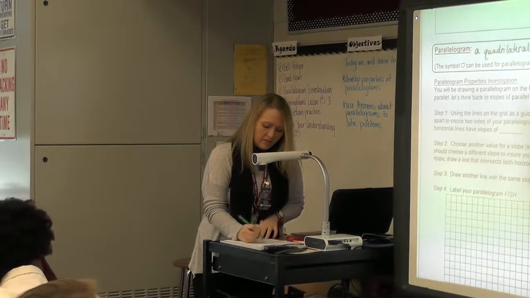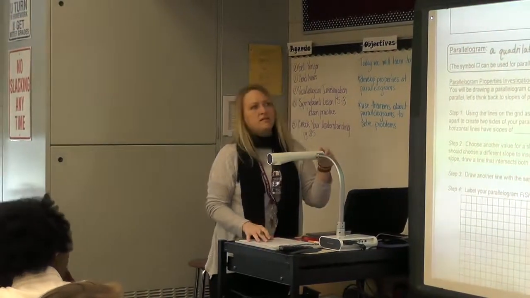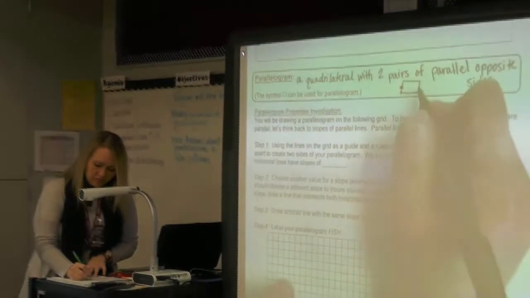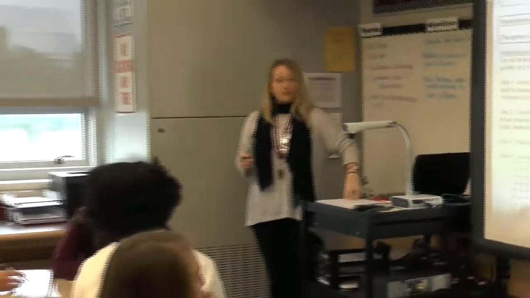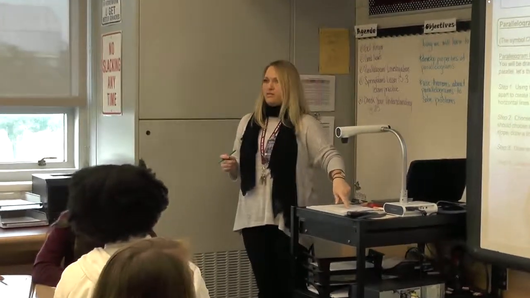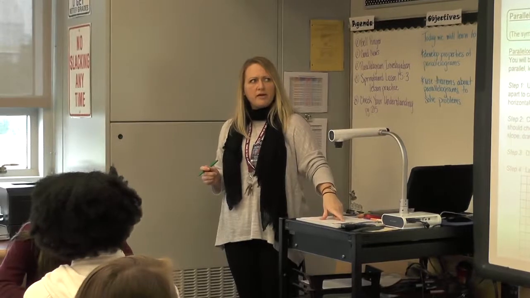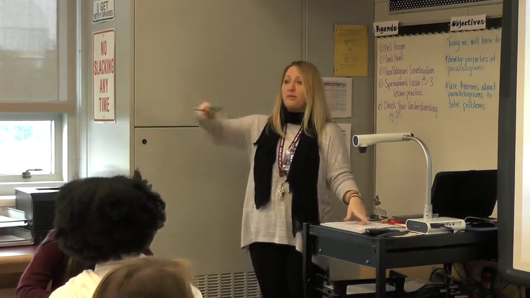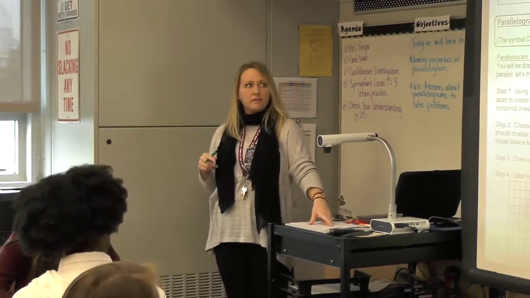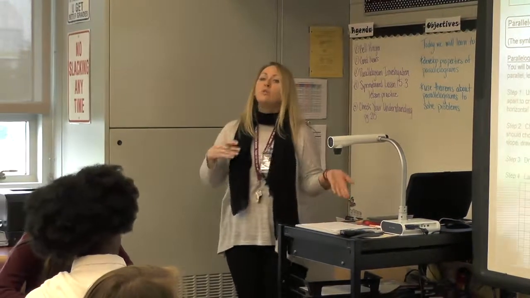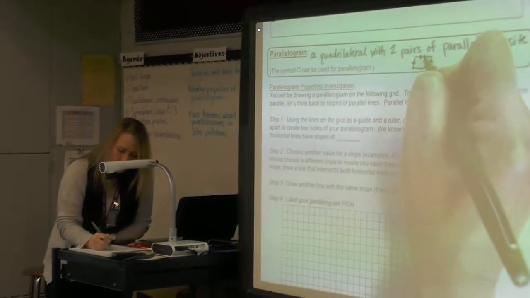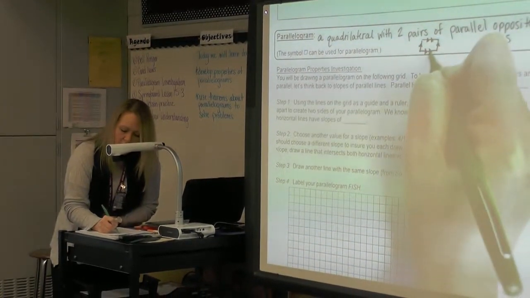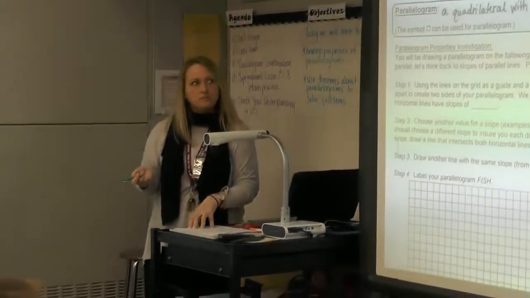Muhammad was asking this: if we have one set of parallel marks with one set of arrows, are the other two opposite sides parallel to the ones I have marked right now? With each other they are, but not with the ones that are marked. So we don't want to say that they're parallel to something with one mark, so we want to put two. These would have two arrows to show that these are the opposite sides that are parallel. Does it matter what direction your arrows point? No.